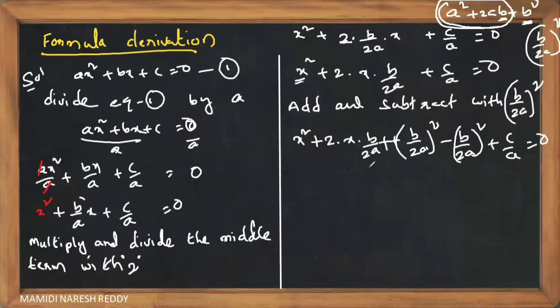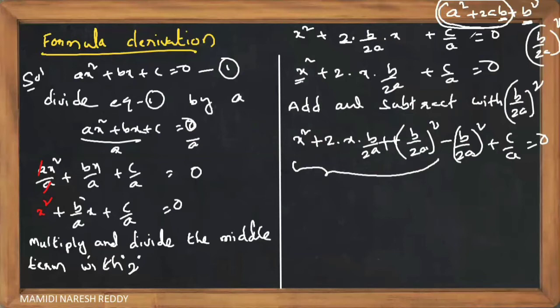Right, children. Now let us write this complete equation in a convenient form. First of all, these three terms I am taking: x square plus 2 into x into b by 2a plus b by 2a whole square.